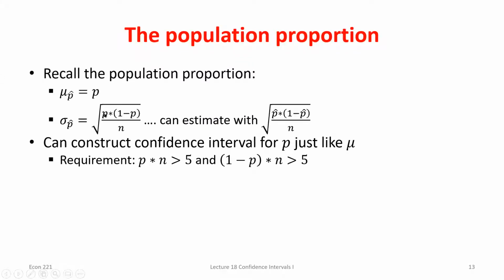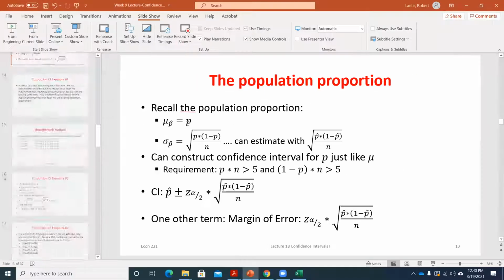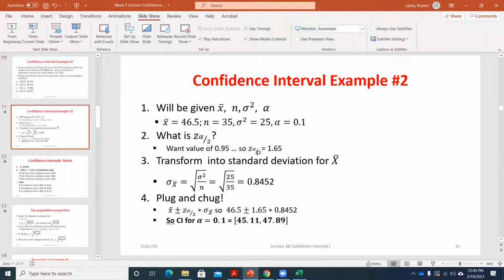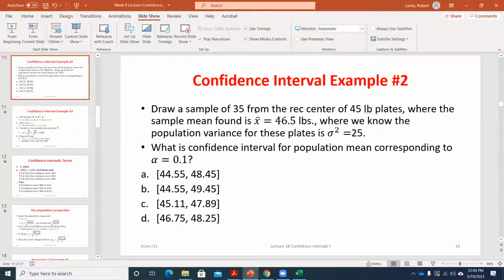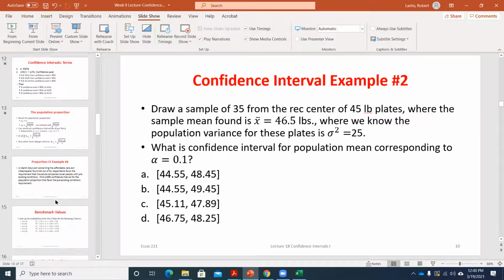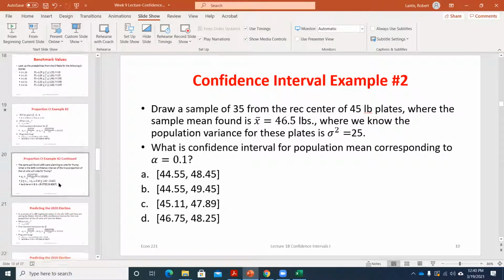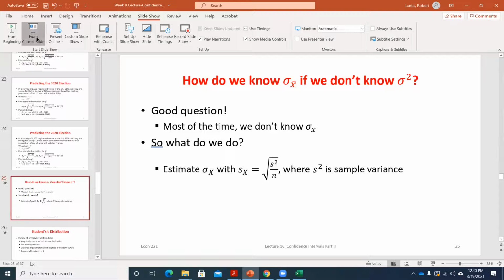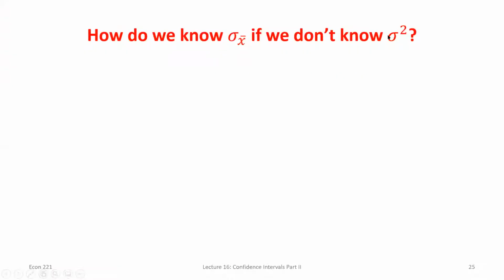But we don't have that. That's the whole reason we're building confidence intervals, so we had to estimate what that was. Well, in all these sample mean examples, I was using the population variance, but I didn't know what the population mean was. How did that happen? Well, usually it was because we had some production process, so maybe we know the variance of the machinery, but more often than not, we don't know what that population variance is, and that's going to present some problems.